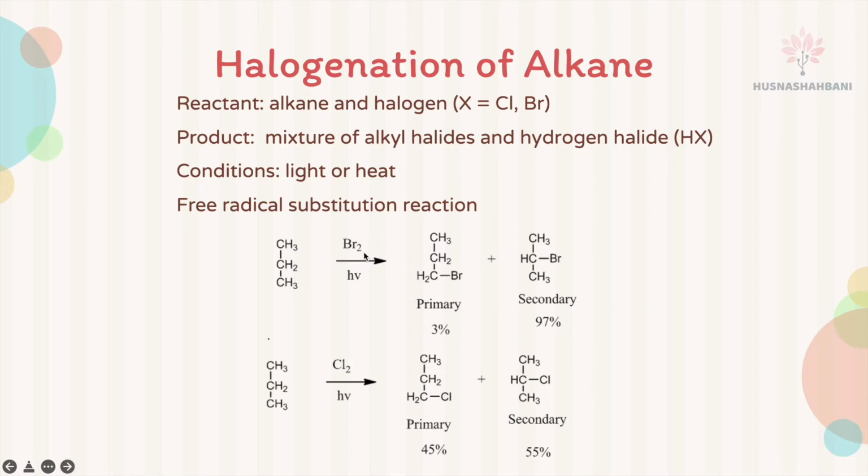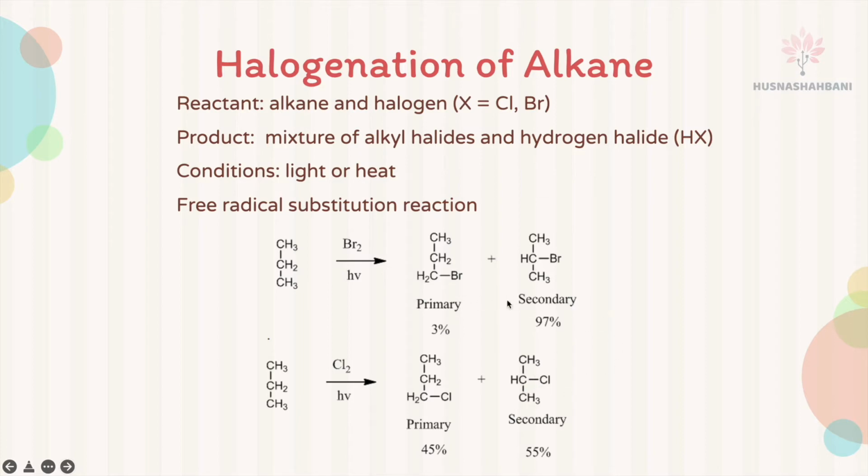When bromine is used in halogenation of alkane, most of the bromine atoms will replace hydrogen of the secondary carbon. Instead of primary, it prefers secondary hydrogen. And when propane reacts with a chlorine molecule in the presence of light, almost half of the alkyl halide product has Cl attached to the primary carbon, and the other half has Cl attached to the secondary carbon.